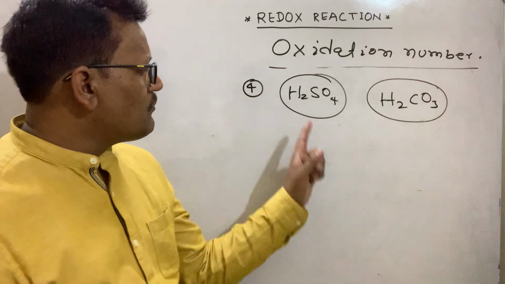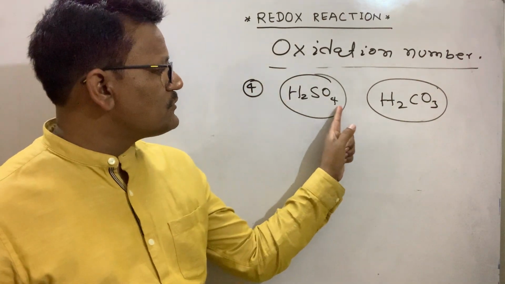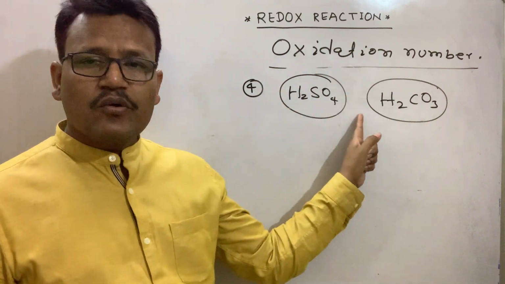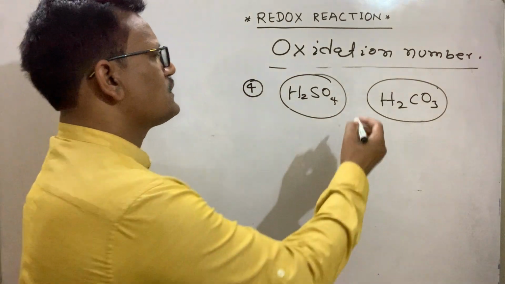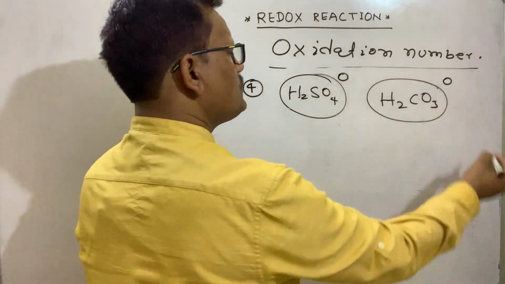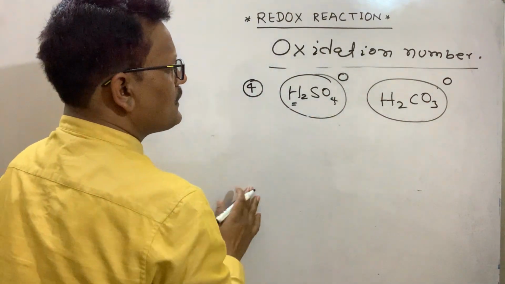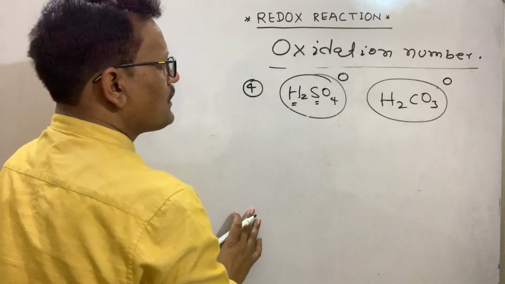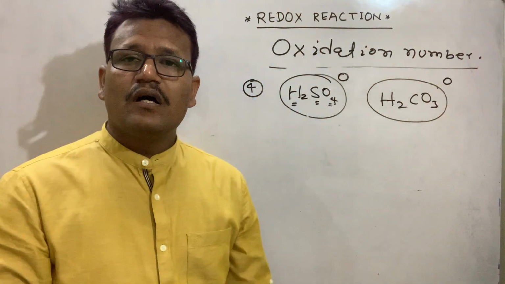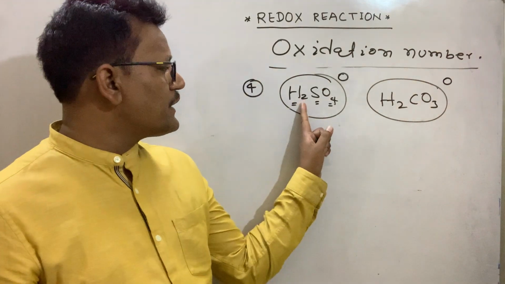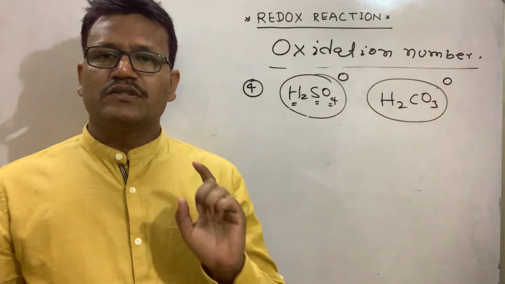The sum of oxidation numbers of all the atoms present in a molecule or neutral molecule will be 0, because it has no charge, that is 0 charge. So the sum of oxidation numbers of hydrogen, sulfur and oxygen will be 0. The sum of oxidation numbers of all the atoms present in a molecule will be 0.